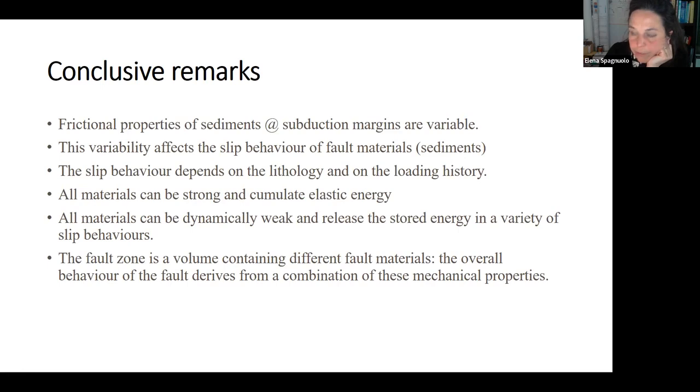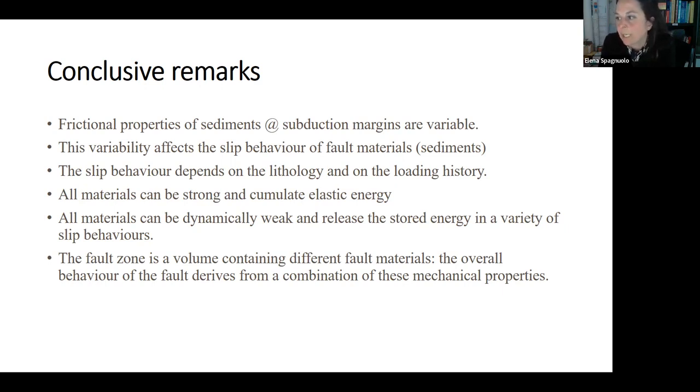So I have arrived at my concluding remarks, which are quite simple with respect to the complexity of this novel experiment: the frictional properties of sediments at subduction margins are variable. This variability affects the slip behavior of all materials, which are sediments. In this case, the slip behavior depends on the lithologies and also on the loading history. All materials can be strong and can accumulate elastic energy.